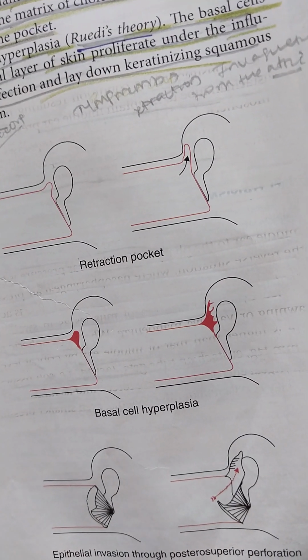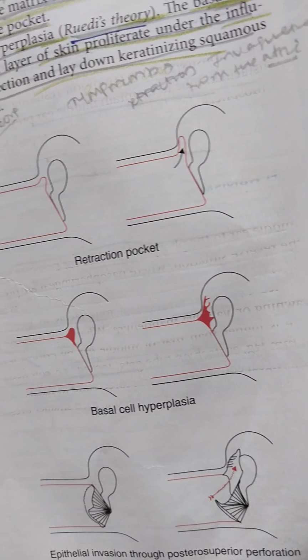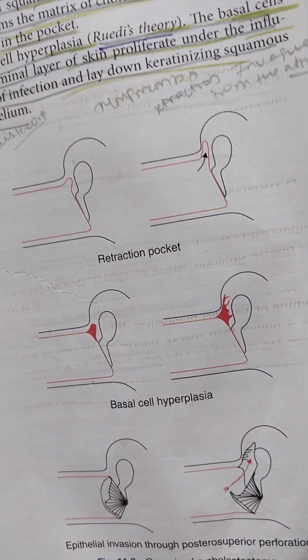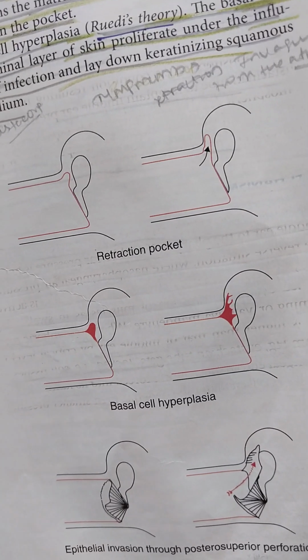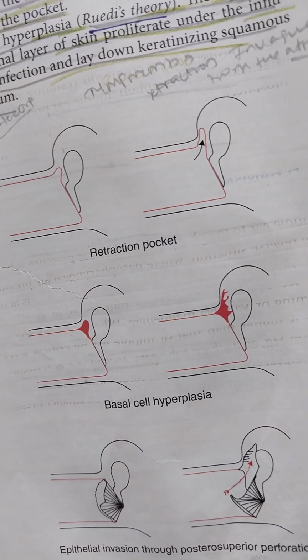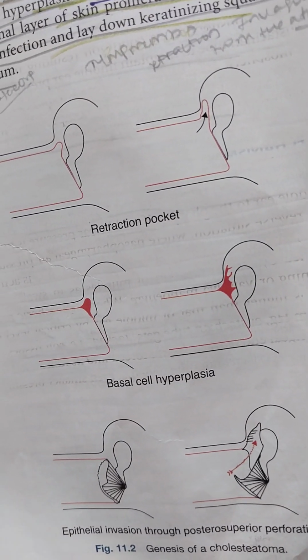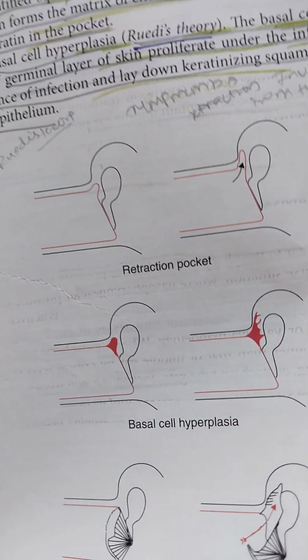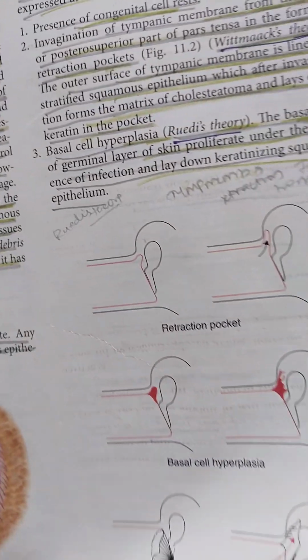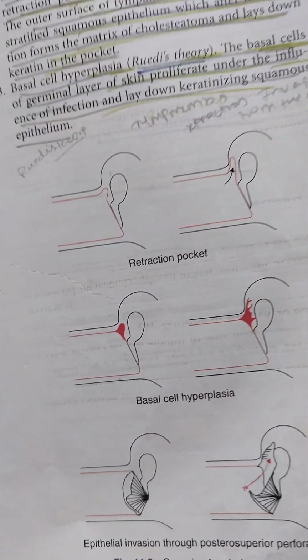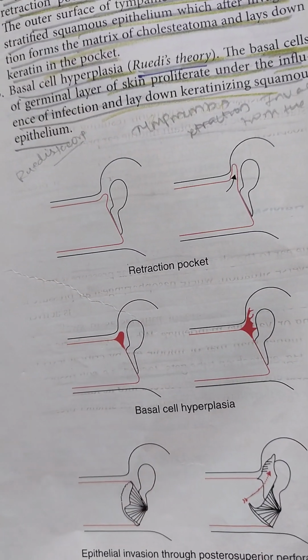Through that perforation from the attic, squamous cells come into the middle ear and gather keratin in the matrix over a long-standing process, giving keratin in the retraction pocket. So first there is the retraction pocket theory, and another is basal cell hyperplasia.